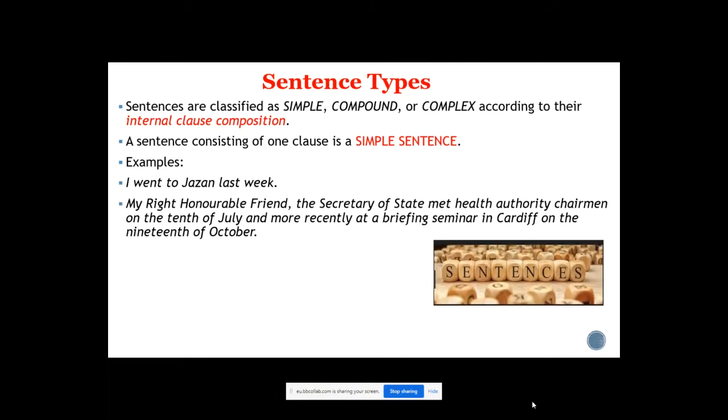But what makes them look different is their length. So in the second one, if you want to analyze it, from my right until State, all this is considered to be a subject. And this is the verb. And all this, the three words Health Authority Chairman, is the direct object.